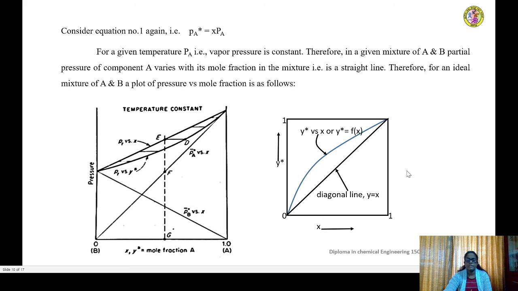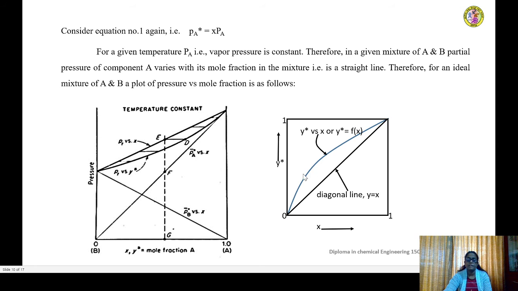Okay, so this is the equilibrium distribution diagram, where Y star is plotted against X. There is a central diagonal line which corresponds to Y equals X. Whatever equilibrium data you have obtained for a given ideal solution, if it is plotted on a graph, you'll get a curve like this.